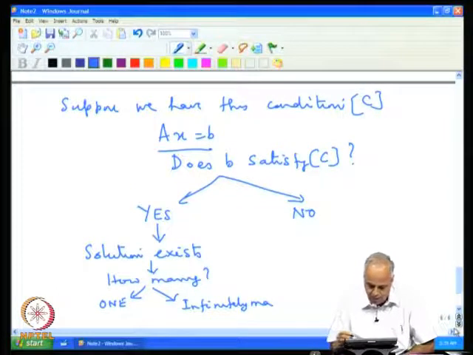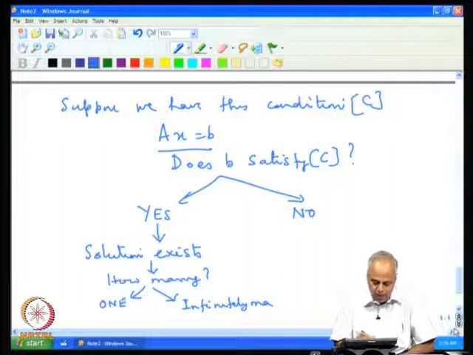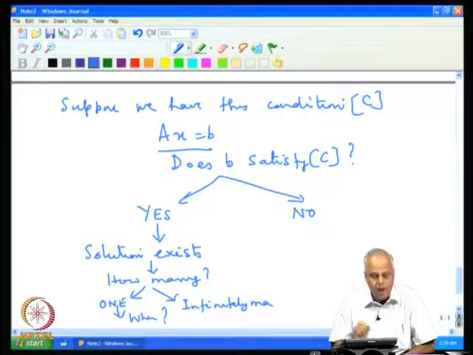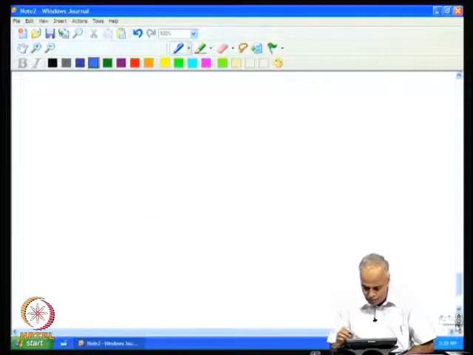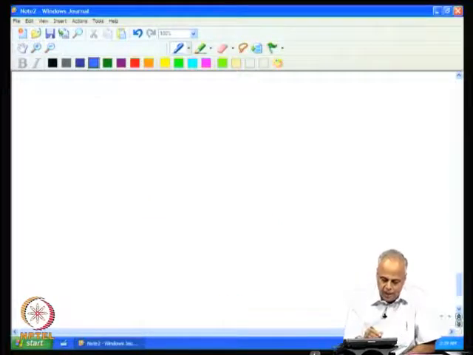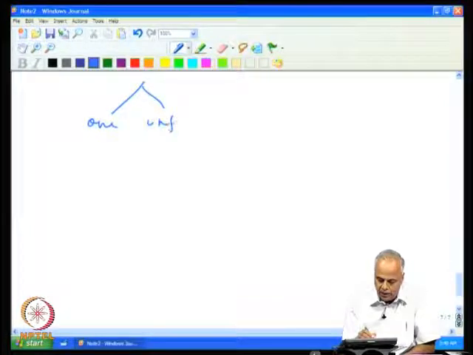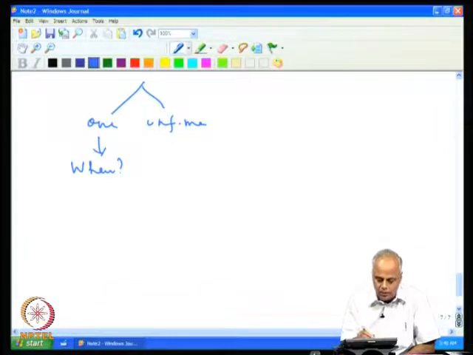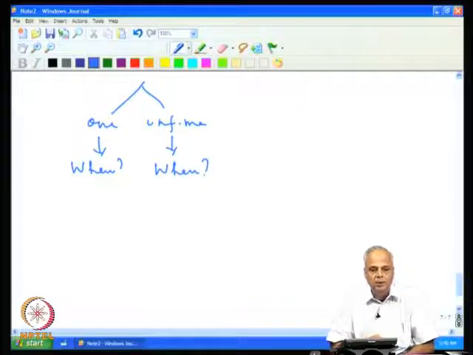So the question then is, when do we get one solution? Under what conditions do we get one solution, and under what conditions do we get infinitely many solutions?